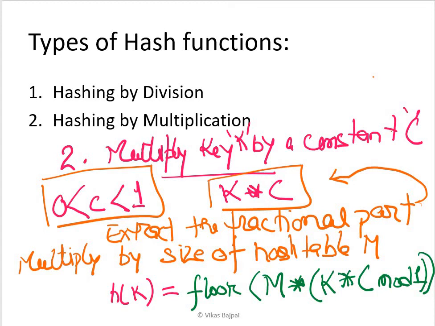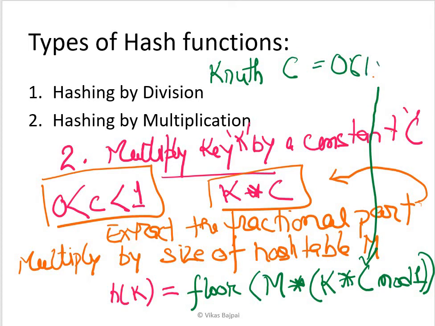So one of the benefits of this method is that it practically works with any value of this particular constant. Although it works for any value, Knuth suggested the best choice for c, which is 0.6180, right?